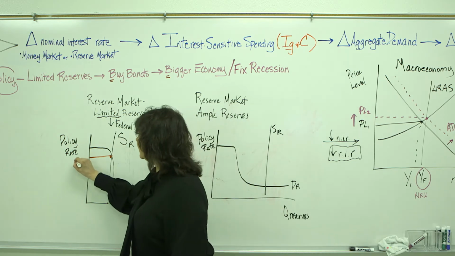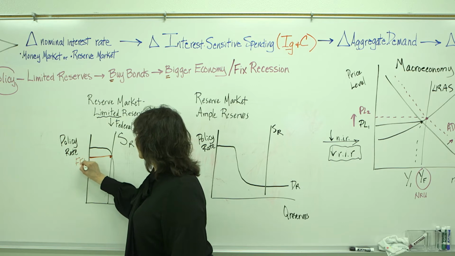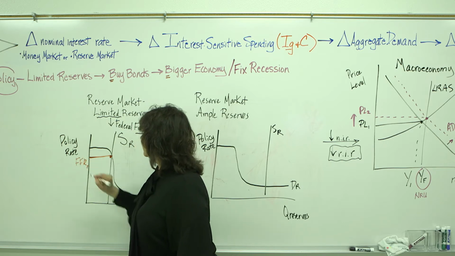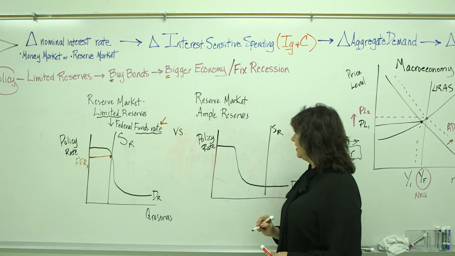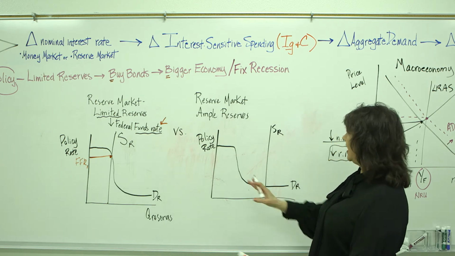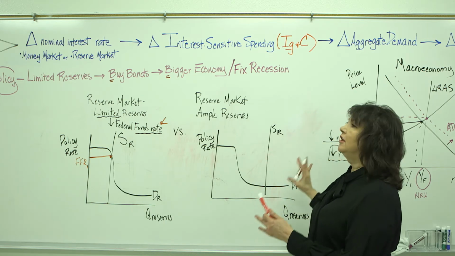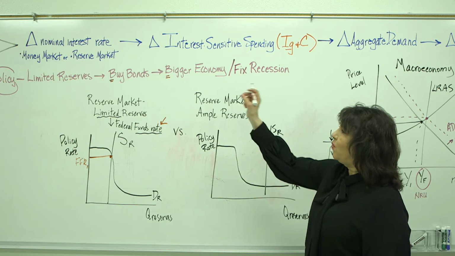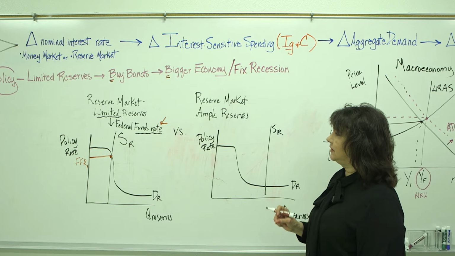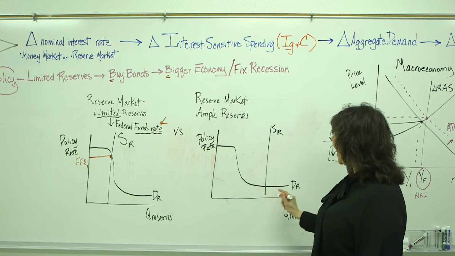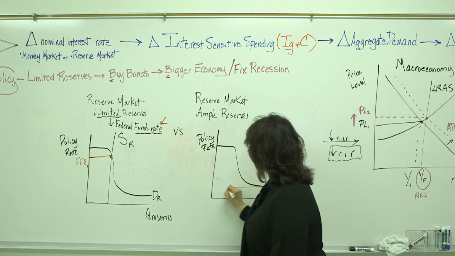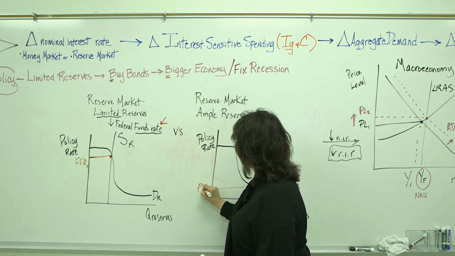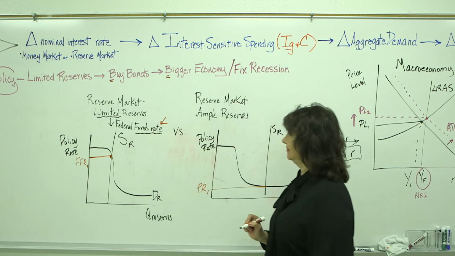All right, so this is my federal funds rate 1. Do I have a federal funds rate here? No, because you only see the federal funds rate when you're talking about limited reserves. Here, I have the policy rate. So this is going to be policy rate 1.